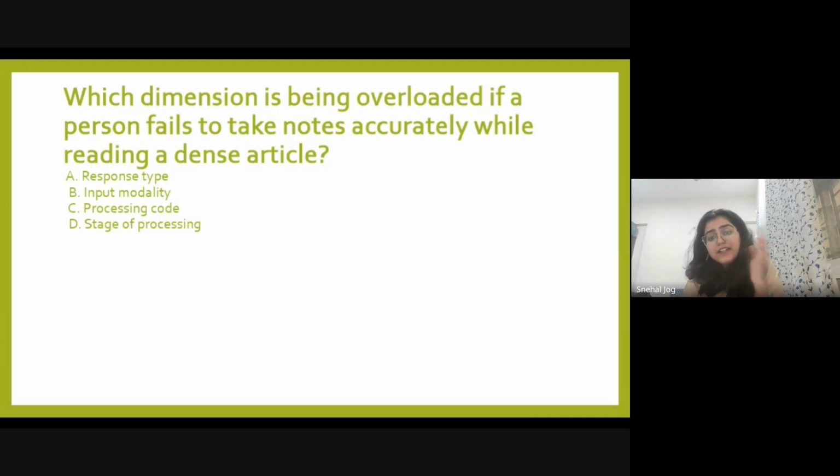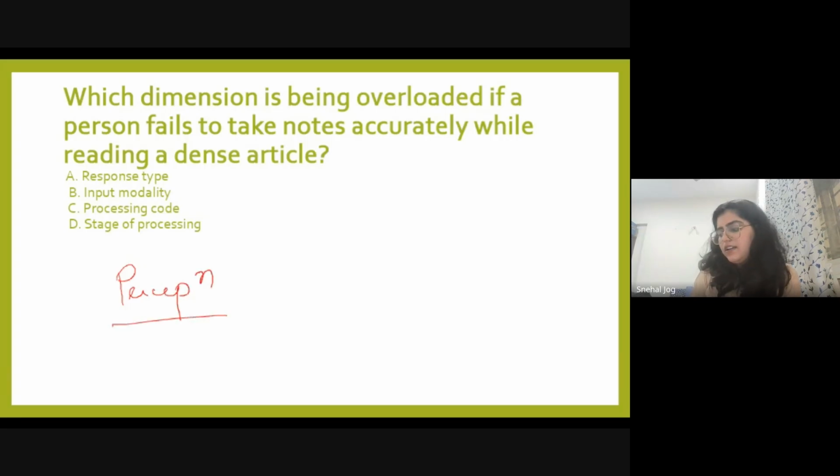Both tasks are at different stages. When you talk about reading, it is comprehension. Correct? Your understanding. It is still somewhere at a perceptual cognitive level. But when you are writing, it is a motor response. Correct? Think of it in this way. First comes your perception, then comes your comprehension, cognition, right?